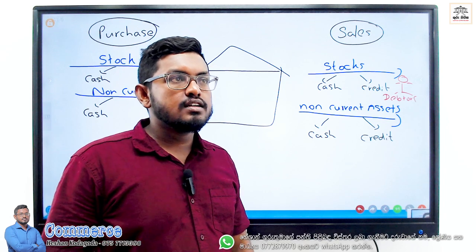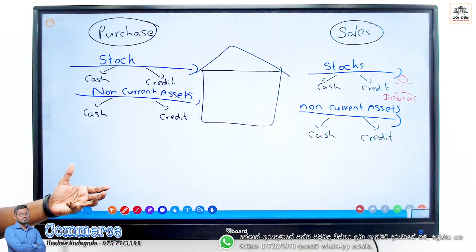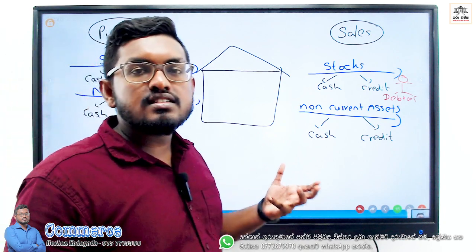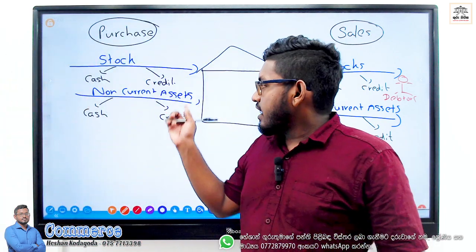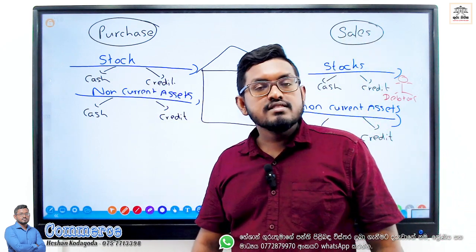Right? When it comes to purchases, there are two types of credit basis purchases: non-current asset credit basis and stocks credit basis.